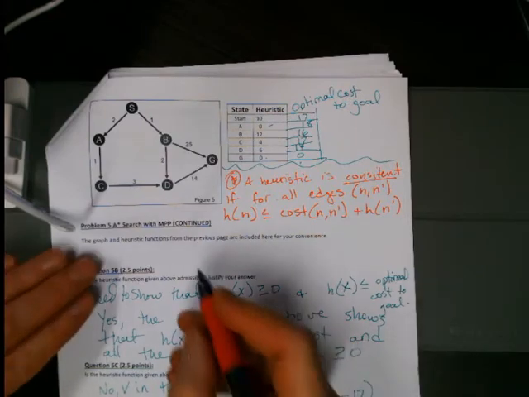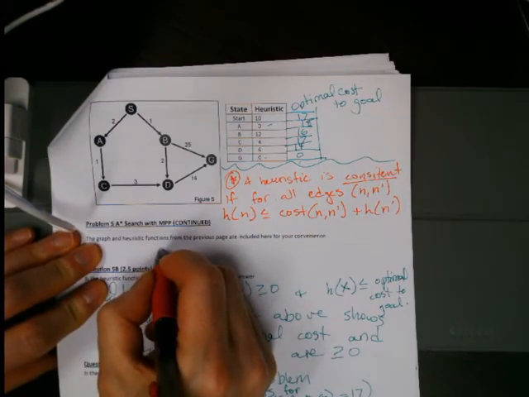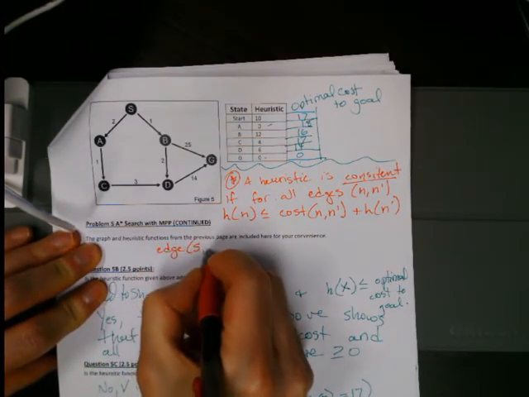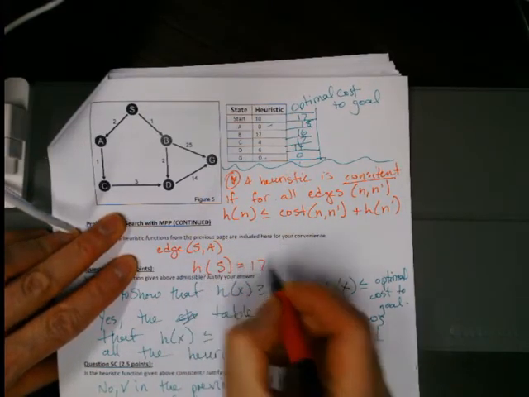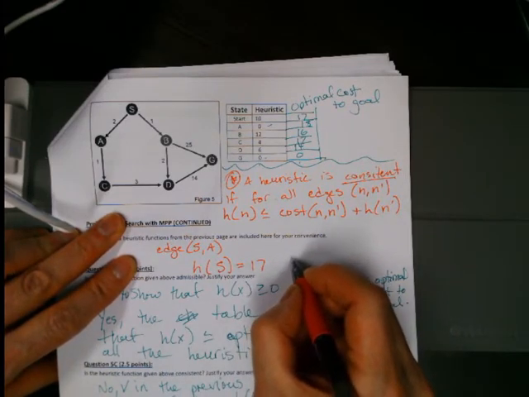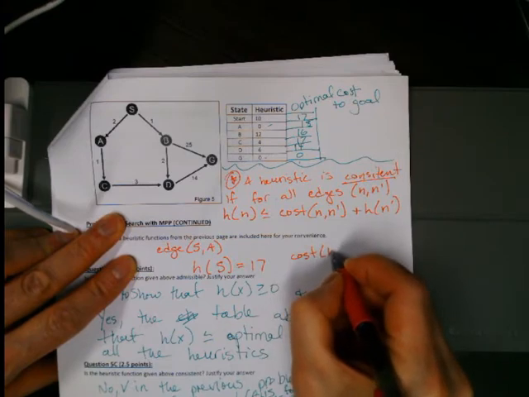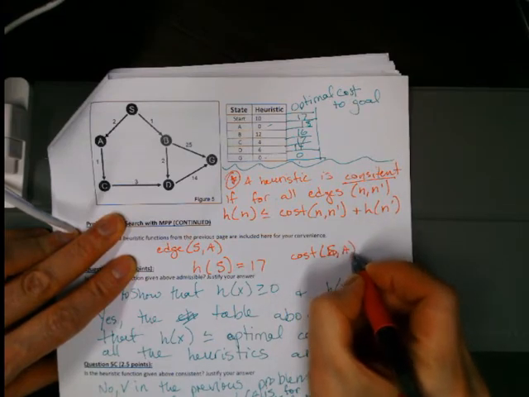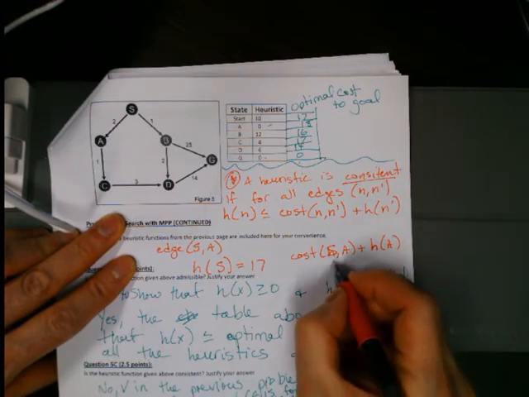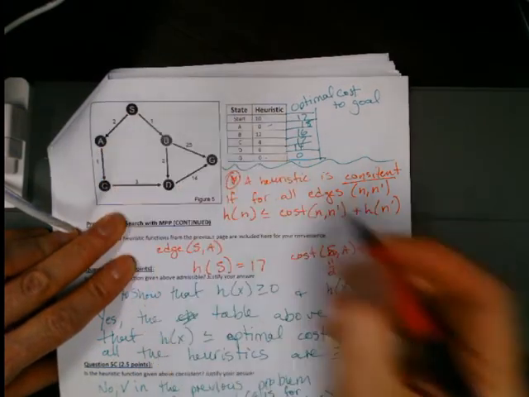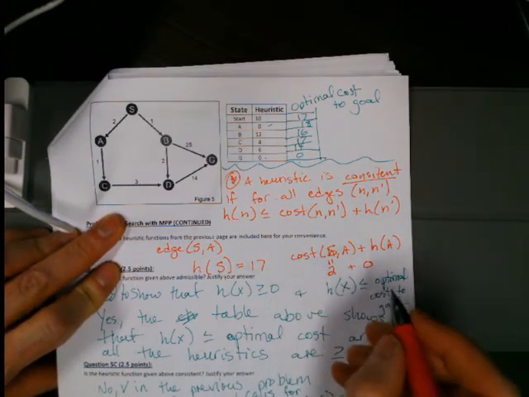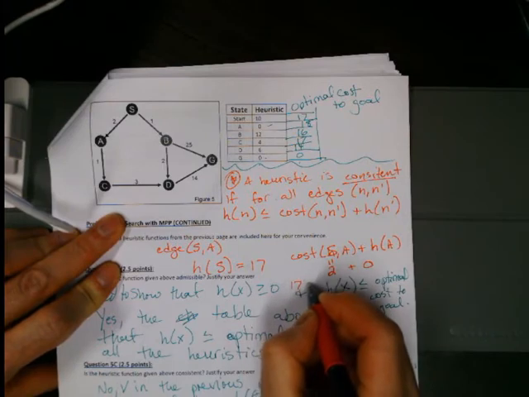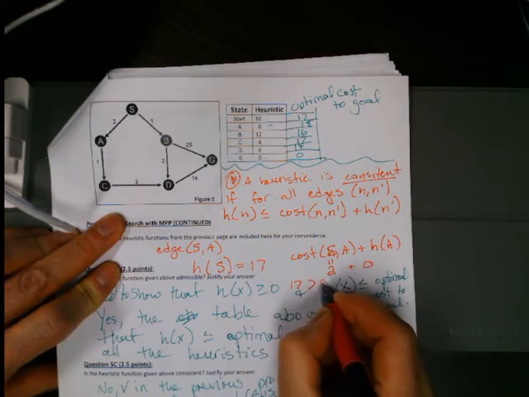So if we just look from start to A, the edge from start to A, h of s equals 17, and the cost of s to A plus the heuristic at A: cost of s to A equals 2, and the heuristic at A is 0. 17 is greater than 2 plus 0.